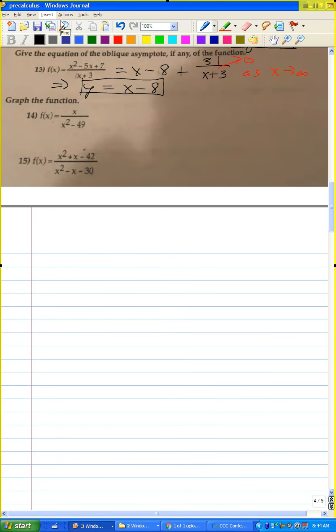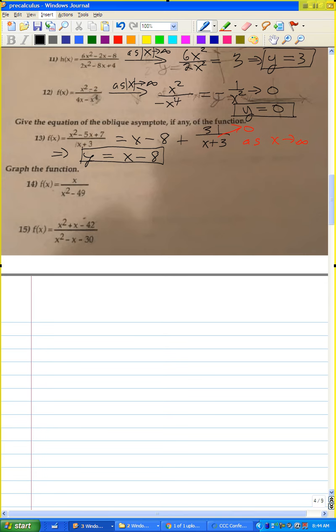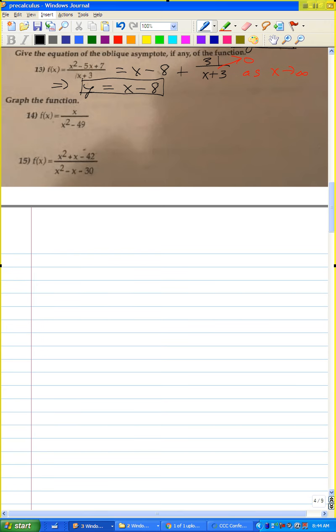Okay, so let's graph y equals x over x squared minus 49. And so I'll write that as x minus 7, x plus 7.